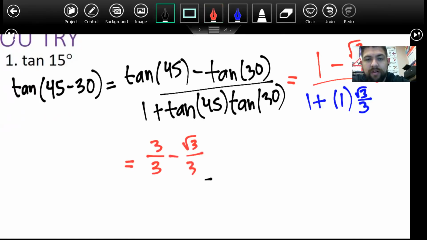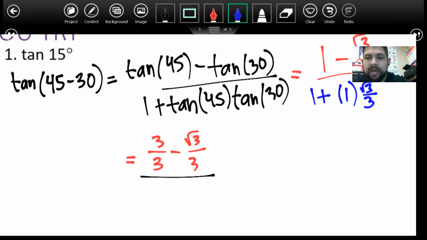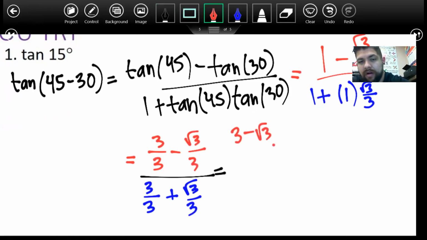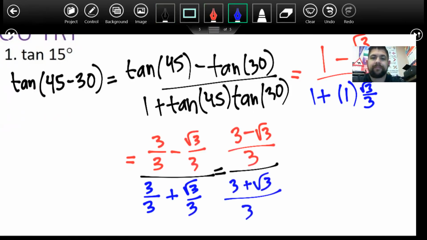The bottom one, we can simplify that. Again finding the common denominator, 3 over 3 plus rad 3 over 3. We can reduce both of these parts down: 3 minus rad 3 all over 3, and 3 plus radical 3 over 3.